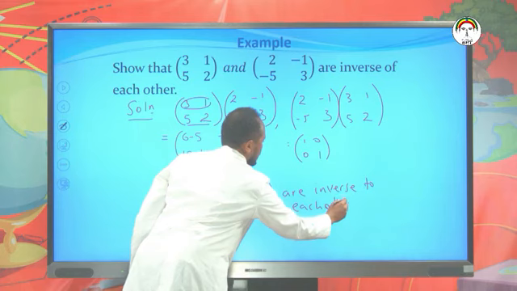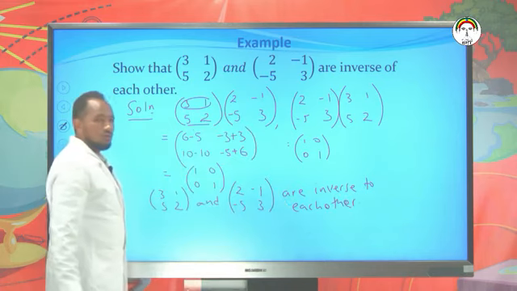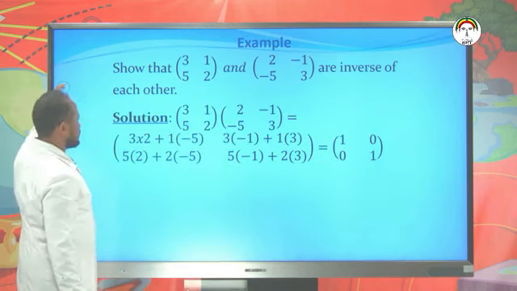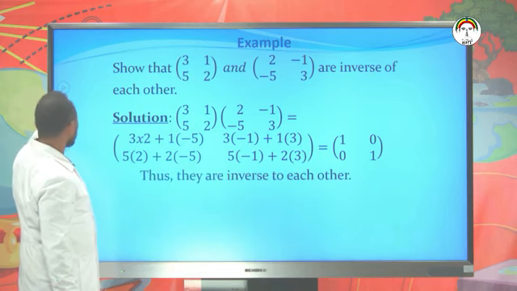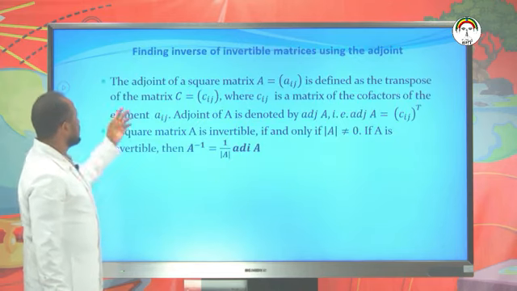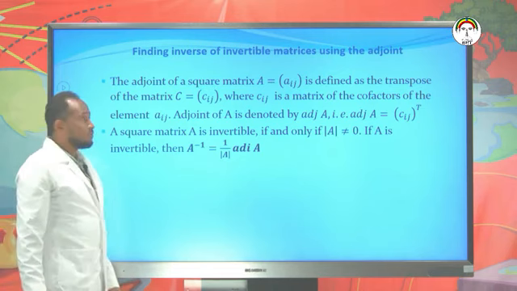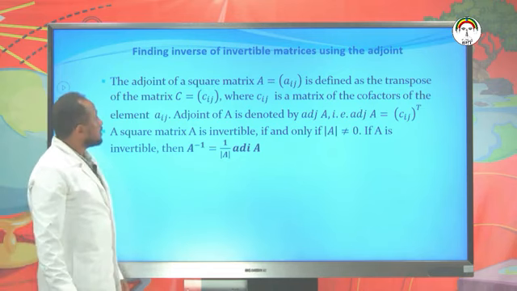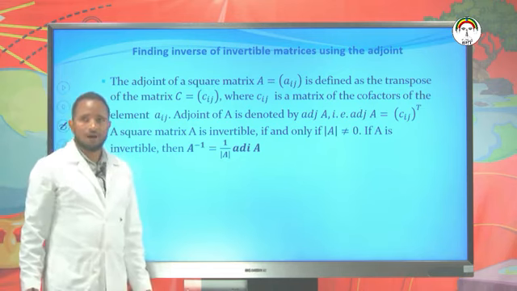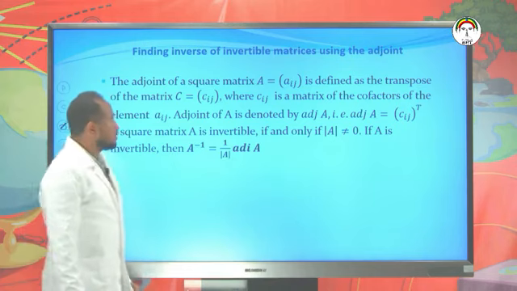So this is how we did the question. Now let's continue to the other part: how to find the inverse of an invertible matrix using the adjoint.